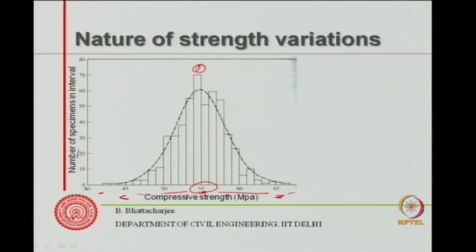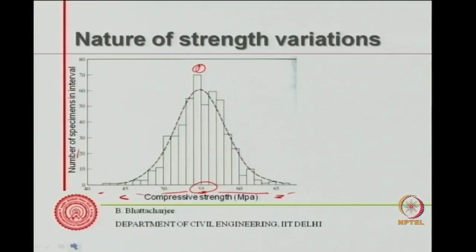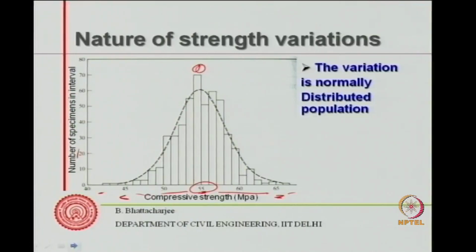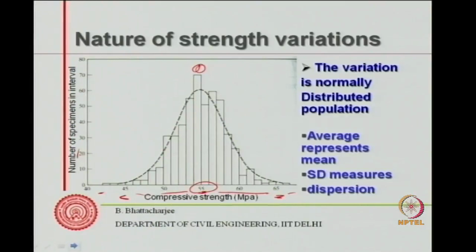Hence, when I specify my strength, my specification actually goes in terms of this variation being normally distributed, and the average represents what is called the mean, and it will have some kind of dispersion about this mean.